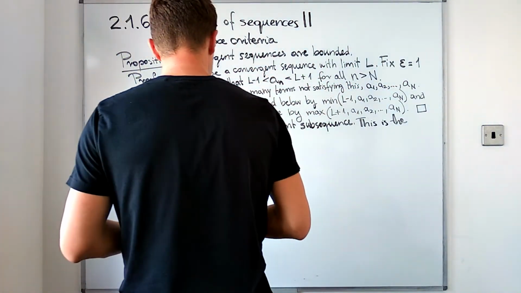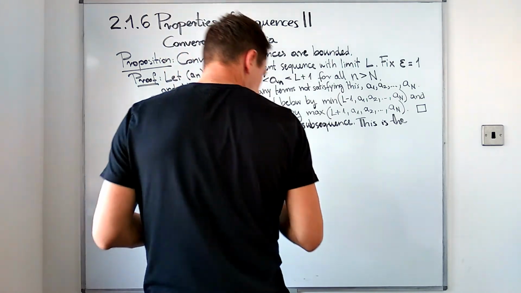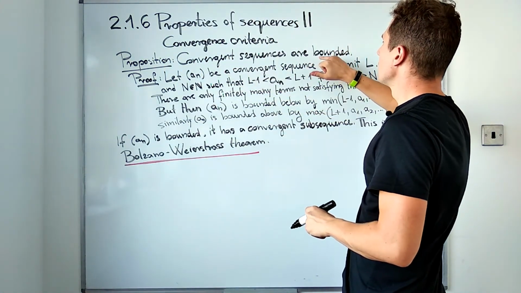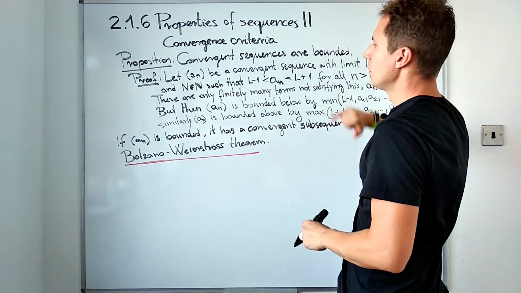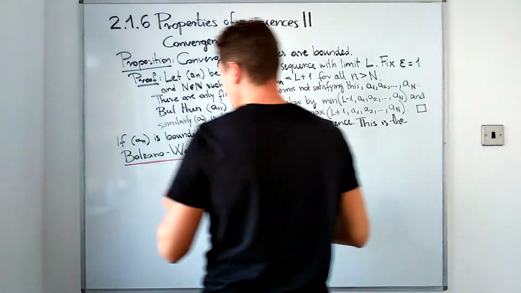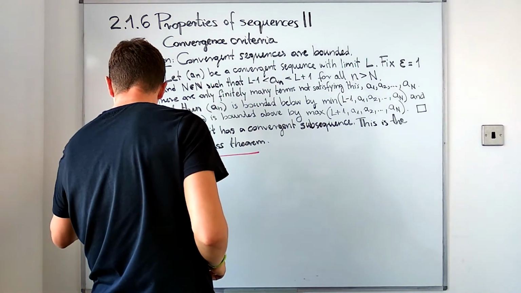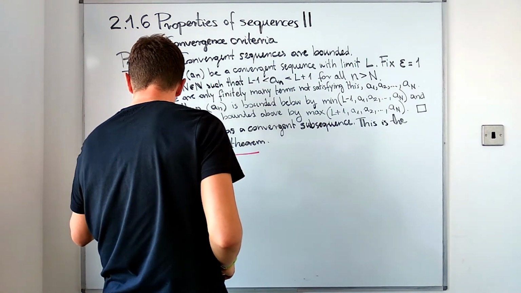And finally, if we want to have convergence, we have to combine the boundedness property with monotonicity. Okay, so this is our final statement for this video.